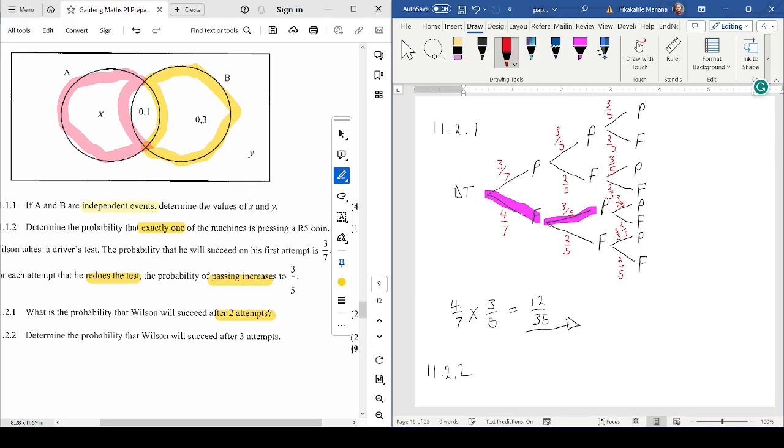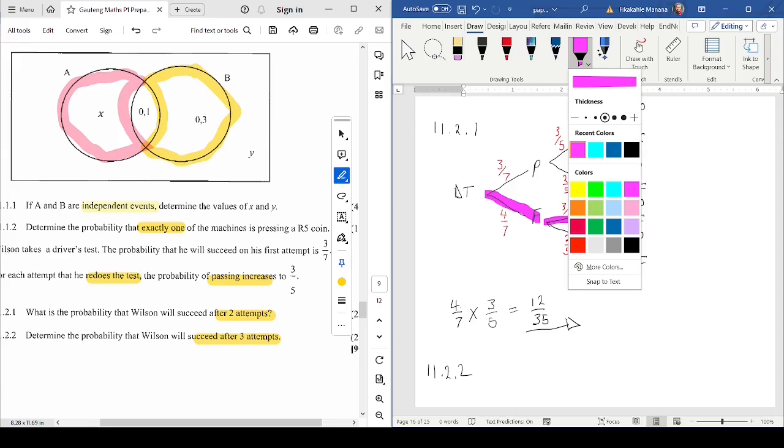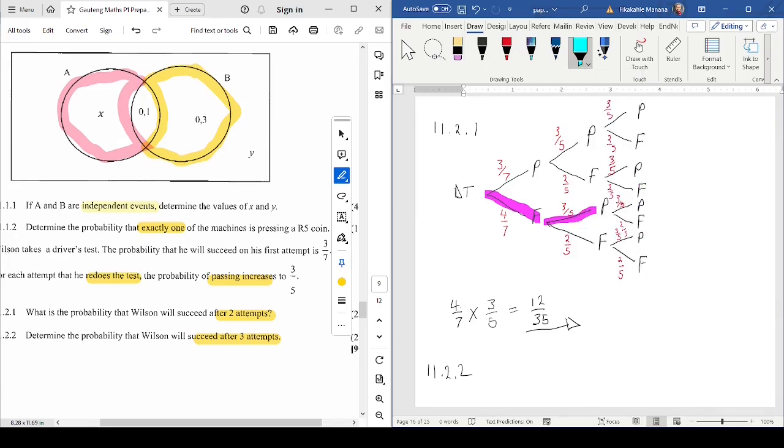Now, understanding the English again, it says that he will succeed after 3 attempts, which means on the first 2 attempts he fails, right? So let's highlight that and see what it looks like. First attempt he fails, so we follow that path.